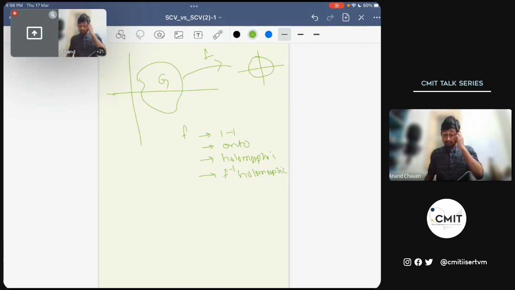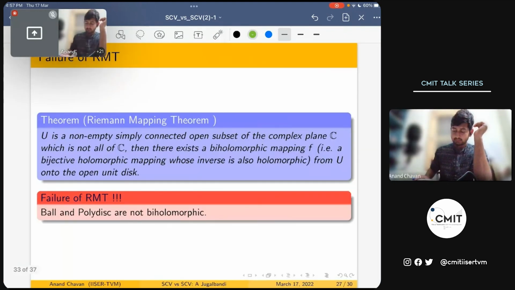So in the single complex plane, we can actually map a proper open connected subset of C to an open unit disk. But this startling result fails to hold even in Cn, n greater than or equal to 2. Why is that so?